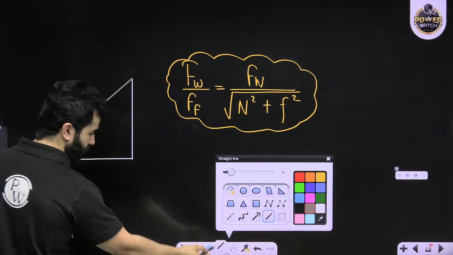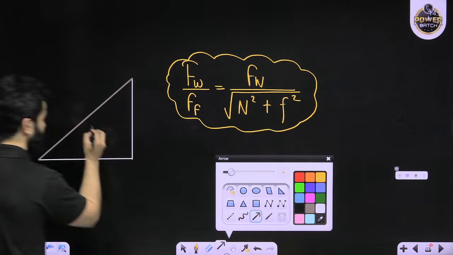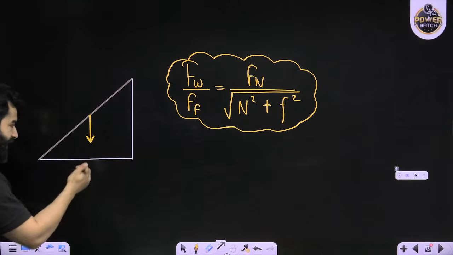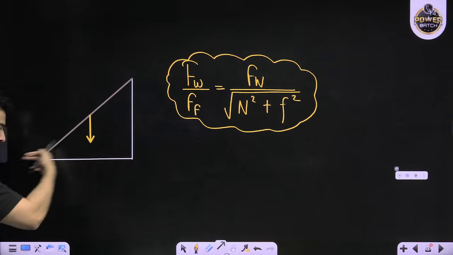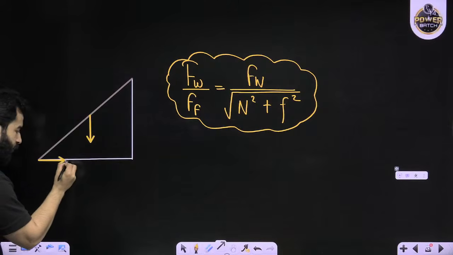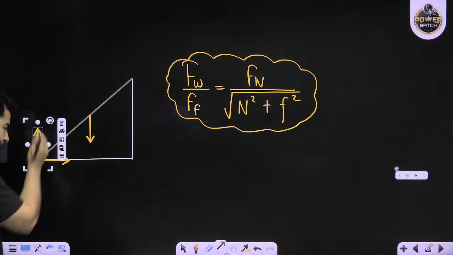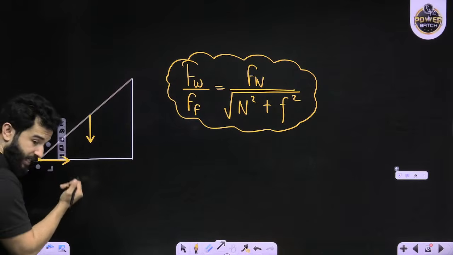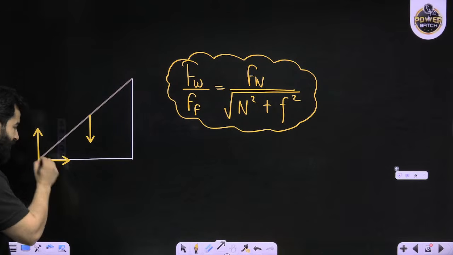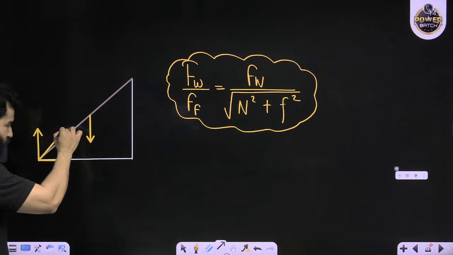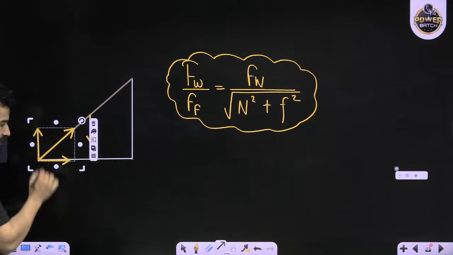Mg will act downwards, no doubt about it. There is a tendency of this rod to slip in this direction, so friction force will act in this direction. This is a normal reaction by the floor. Because of these two forces, there will be a reaction force somewhat like this.